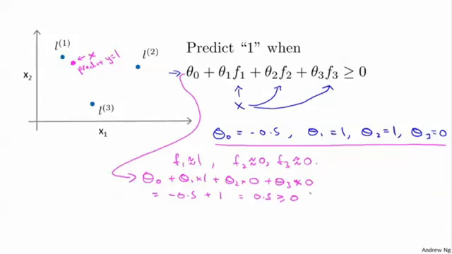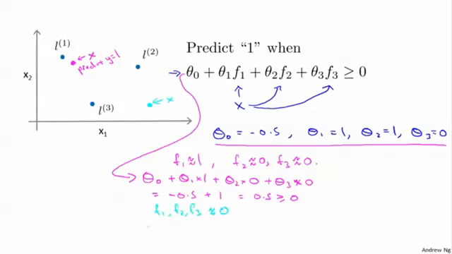Now let's take a different point. I'm going to draw this one in a different color, in cyan, say. For a point out there, if that were my training example X, then if you make a similar computation, you find that F1, F2, F3 are all going to be close to 0.